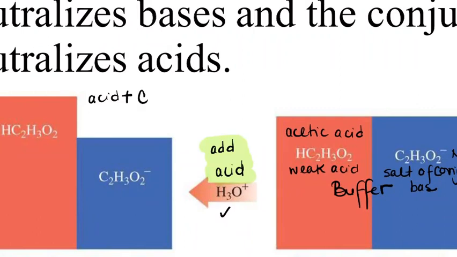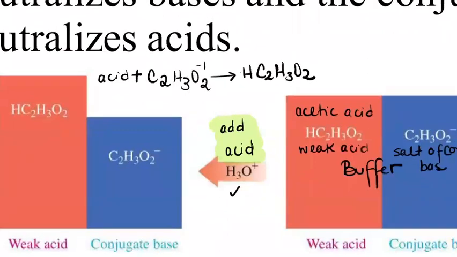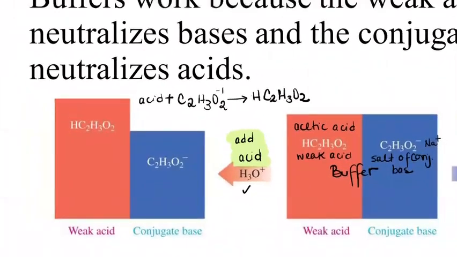So in this case, it's going to be C2H3O2-1. And when acid reacts with the conjugate base, what's going to happen is that in turn is going to make HC2H3O2. So when we compare these bar graphs, we can see that when we add acid, that acid reacts with the salt of the conjugate base, and the product of the reaction is more weak acid.